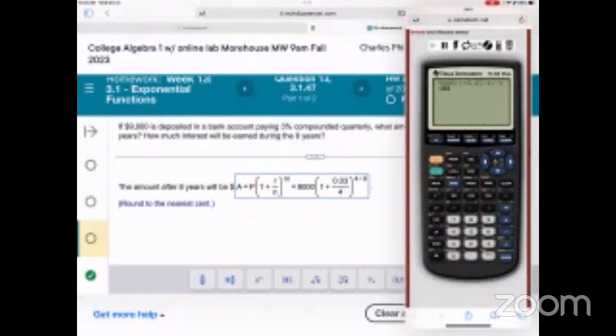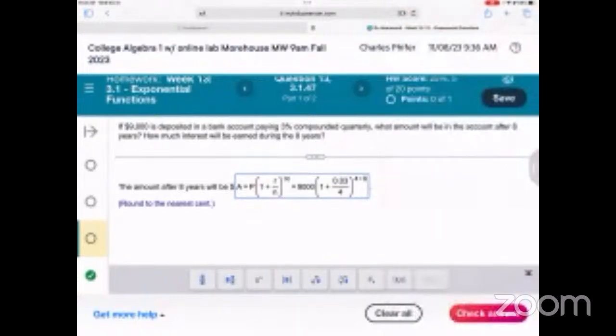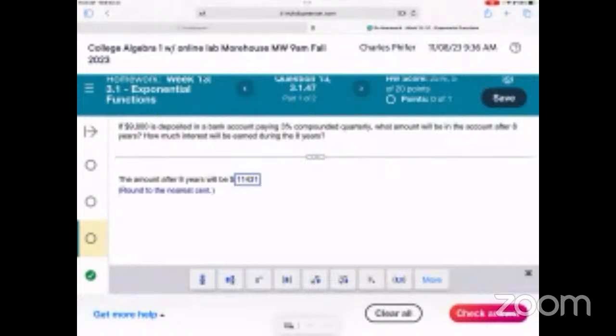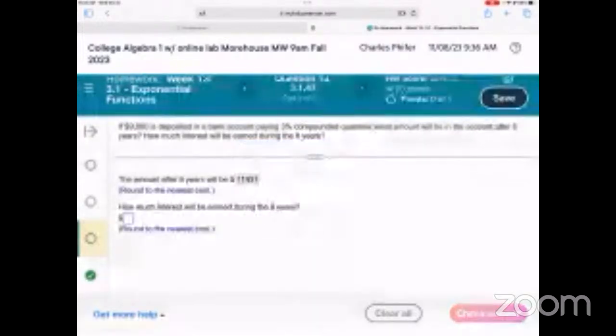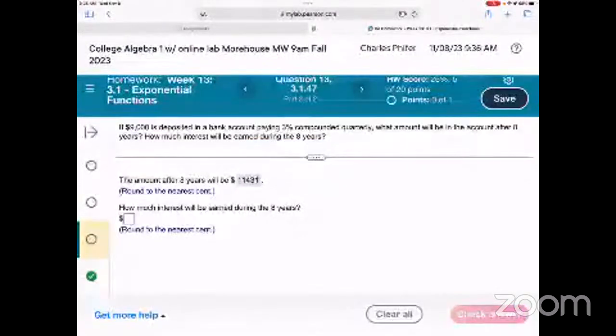Close parentheses, okay? 0.03 divided by 4, 4 times 8. Looks good. Okay, let's go with this. Nearest cent. So you get $11,431.00. 11,431.